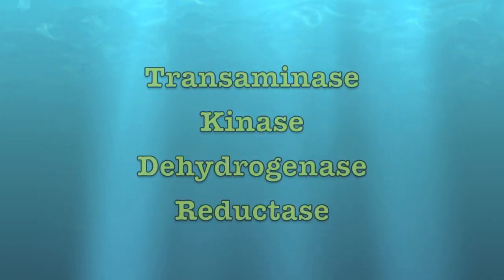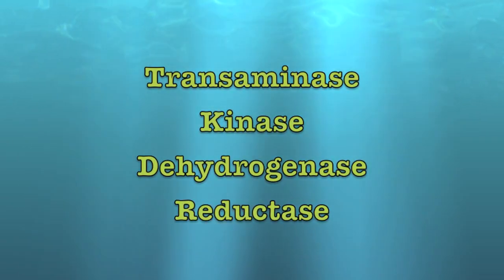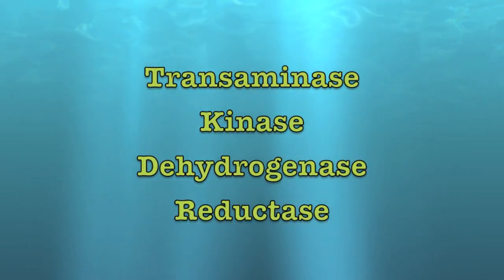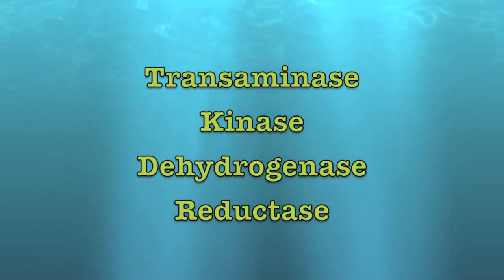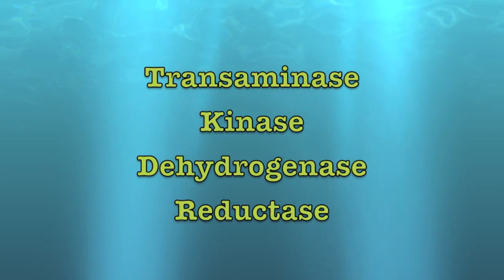Other reactions you'll see you should be more familiar with, like kinase reactions, dehydrogenase reactions, and reductase reactions. Amino acids and nucleic acids are synthesized and eventually catabolized using a combination of these and other reactions.